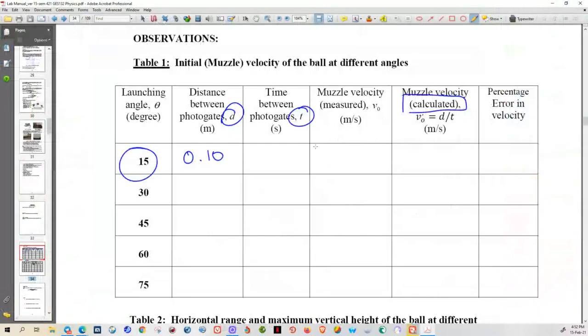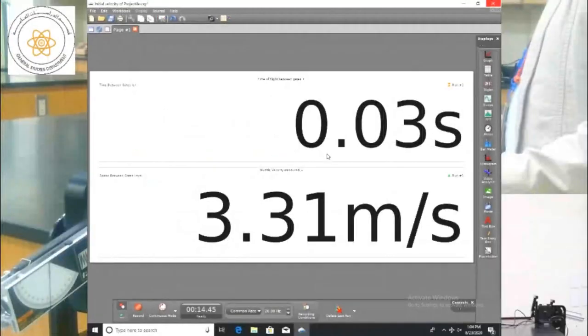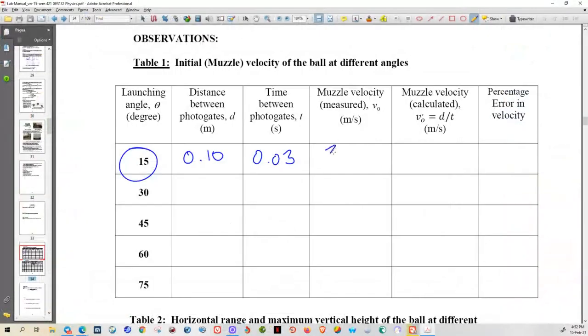Let's go to our data sheet. Time between the two photo gates, 0.03 seconds. Is that correct? Yep. And then measured velocity, 3.31 meters per second. The next thing you will do is simply to calculate this. Is that clear?